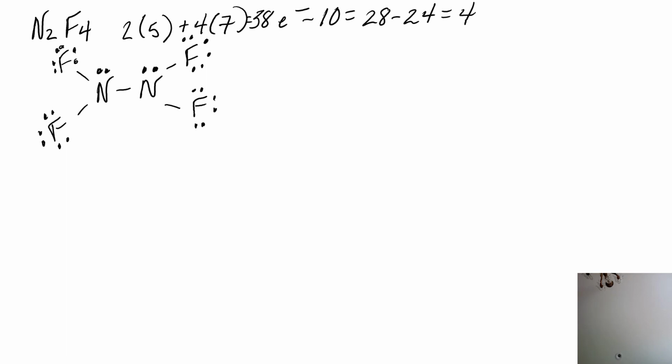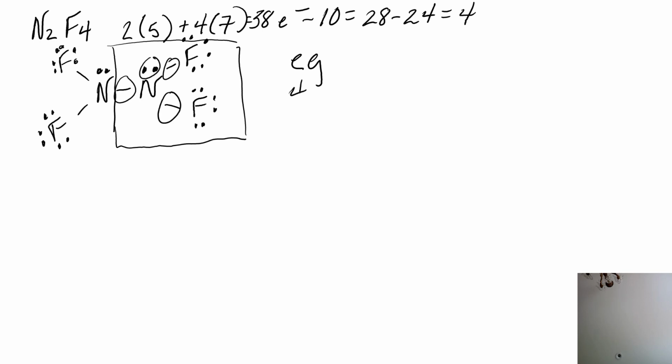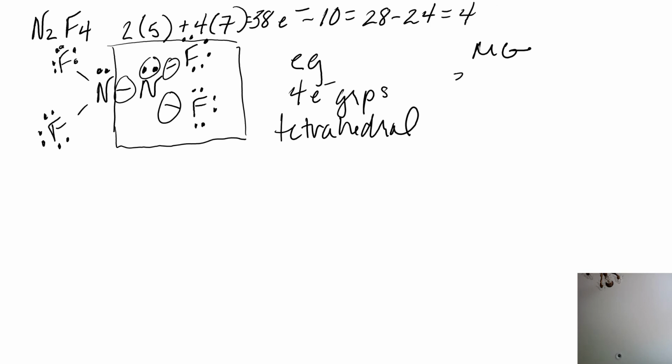So again, we have 2 central atoms. They're equivalent, so all we have to do is look at one of them for assigning electron geometry. We have 1, 2, 3, 4 electron groups, which corresponds to tetrahedral geometry. And when it comes to molecular geometry, 3 of those groups are bonding, and we have 1 non-bonding group.